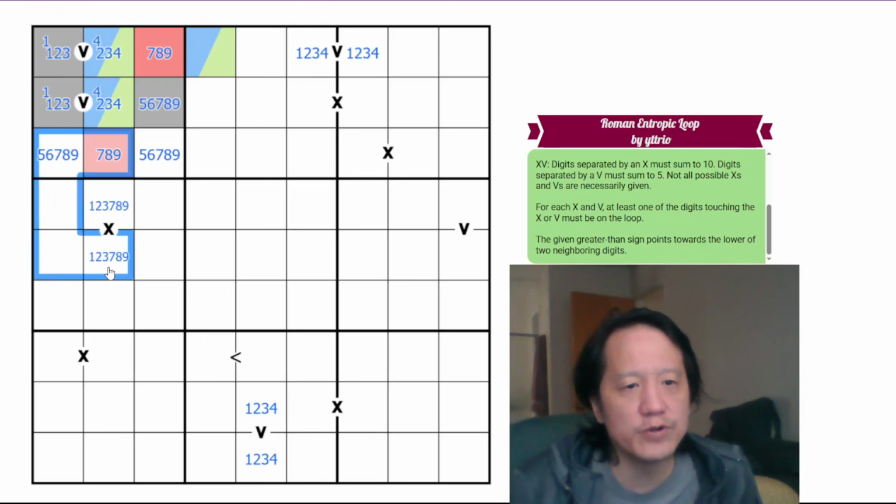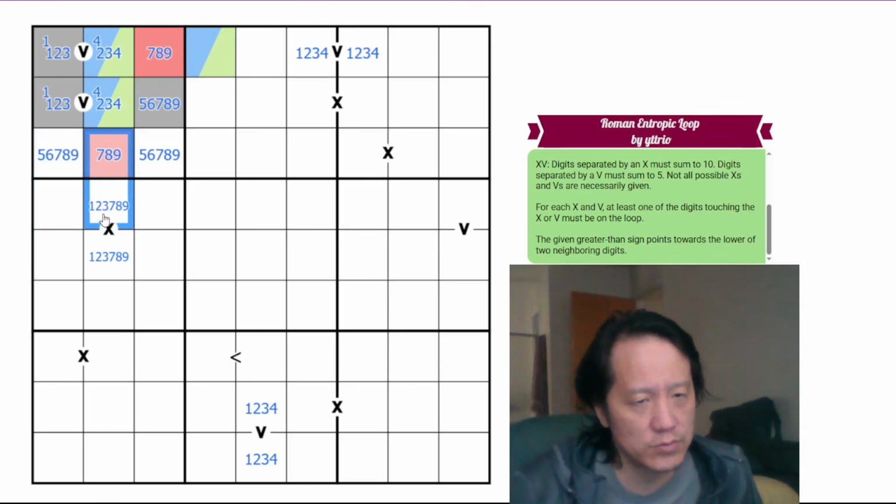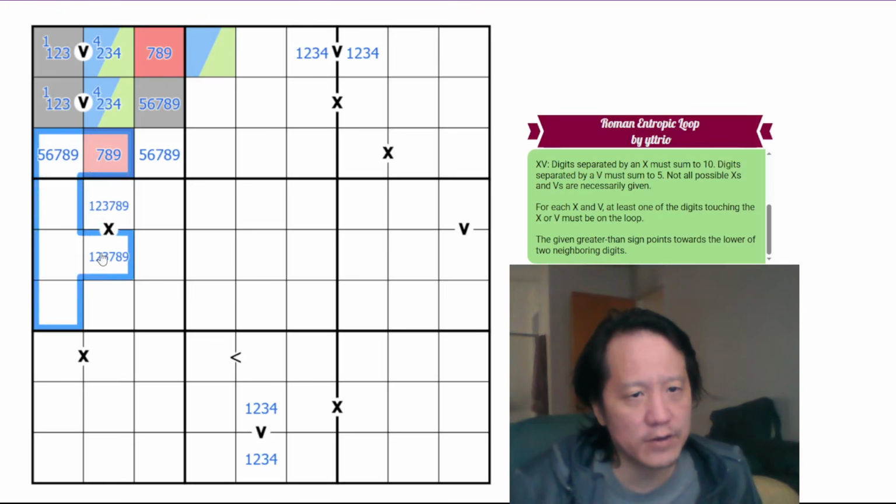Well, it would have to be that way. So if it's directly here, this is red and that's blue. If it goes around, this would be red, red. How would it go around? It would have to be... I guess it could be... Okay.